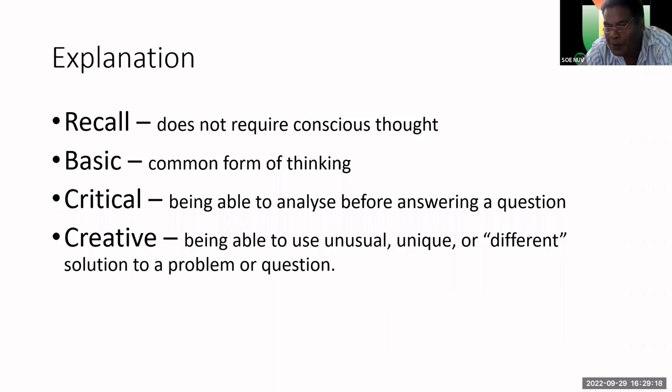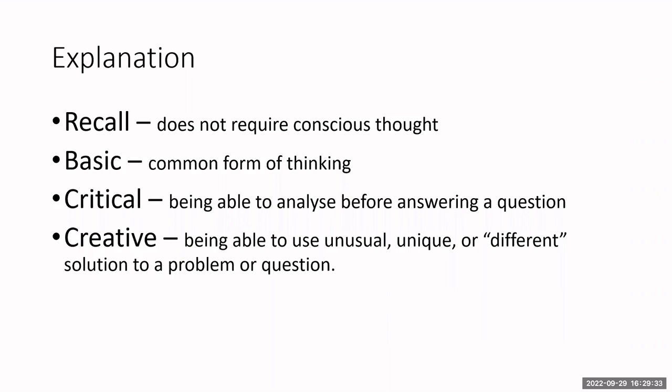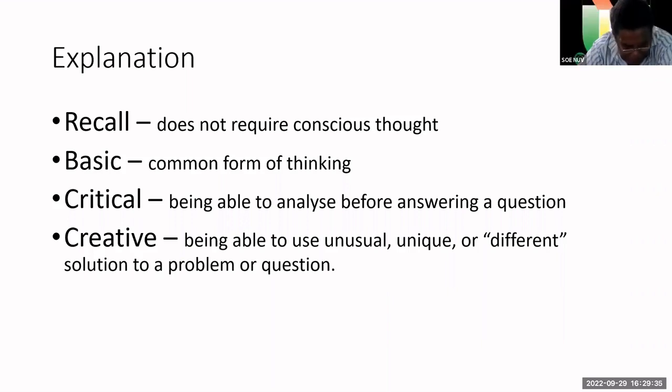And then being able to analyze before answering a question, maybe: what is the use of a square in real life situations? And it goes on to creative. So there are only 4 levels of thinking, and in Bloom's taxonomy we have 6. So they are not closely related in terms of their number of levels, because two levels will be left out from Bloom's taxonomy.